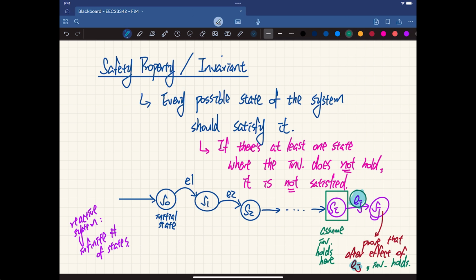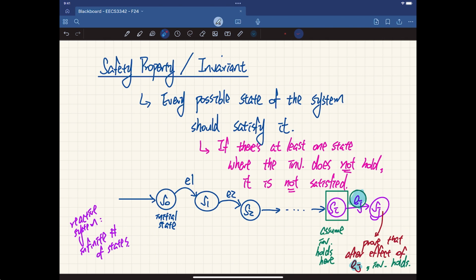Okay, but now I just want to mention that. The main message for this page is, number one, invariance is a very strong property. It should hold for every possible state, starting from the initialization. Number two, for infinite systems such as a reactive system, we simply cannot enumerate all the possible states. It's just not possible because it's infinite. So the way to do it is similar to mathematical induction.